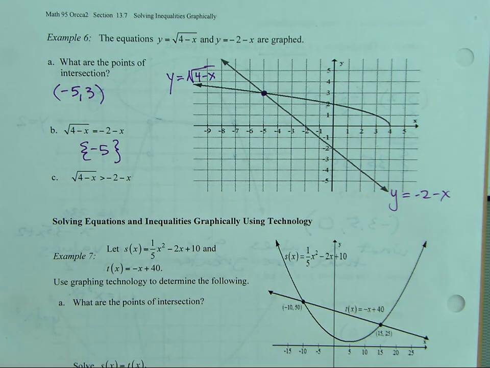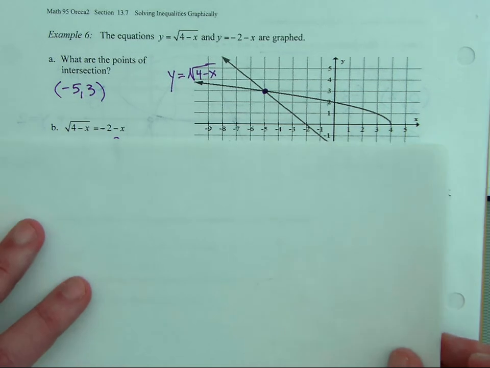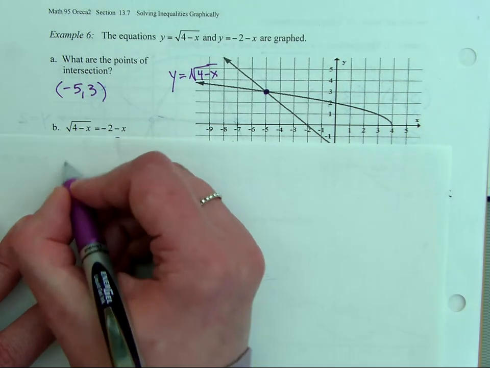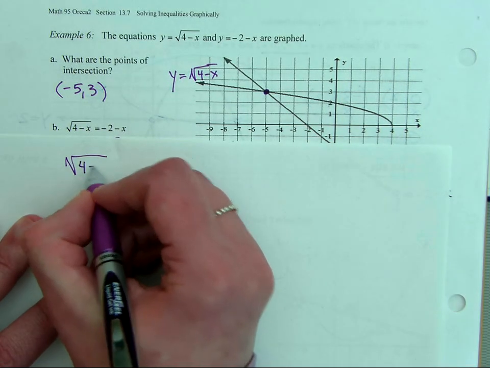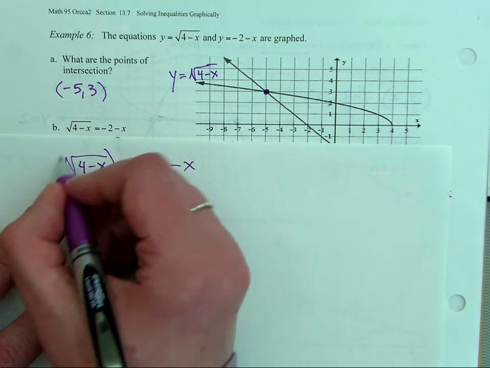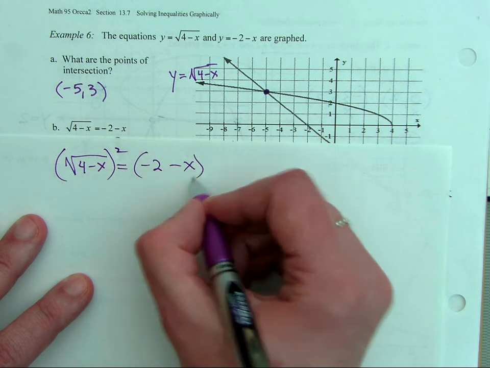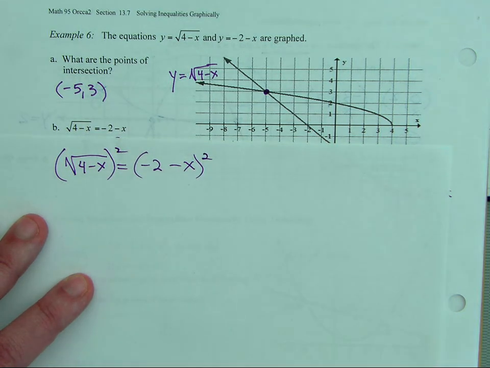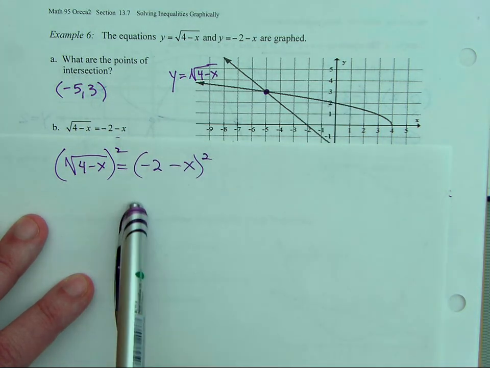Some of you, I was really impressed because some of you were going about solving this algebraically. So you were taking 4 minus x equals negative 2 minus x, and you were squaring both sides. So this would be the difference between solving it graphically versus solving it algebraically.